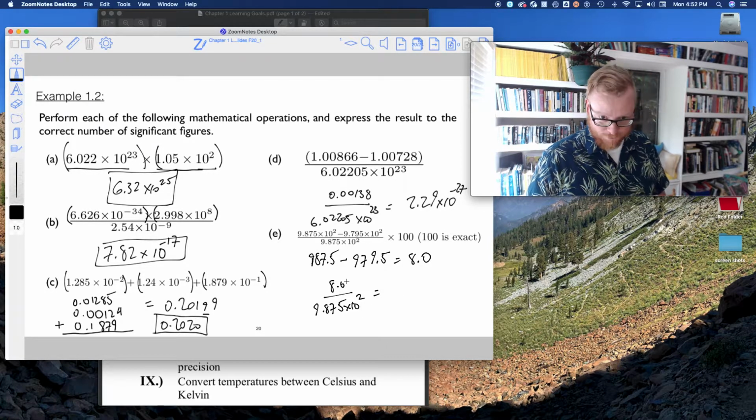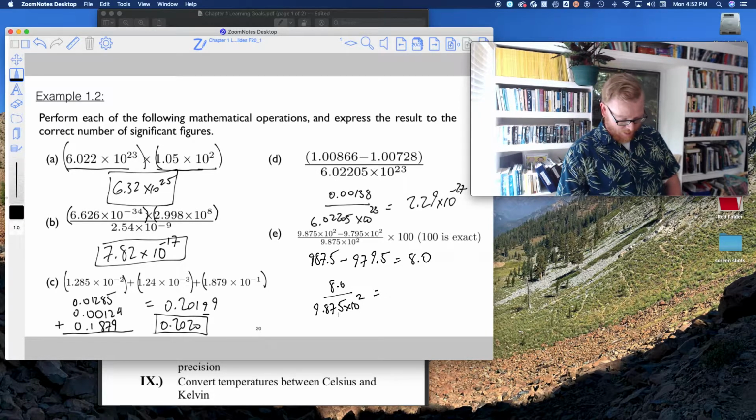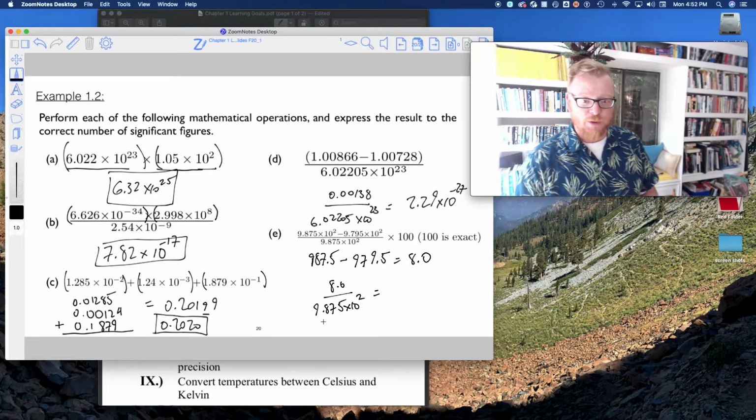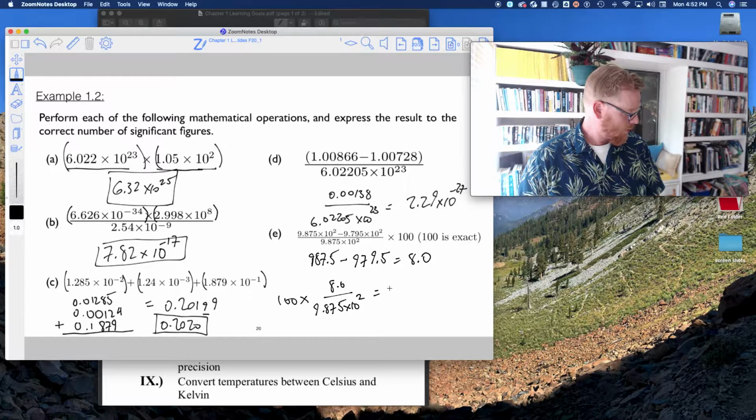And so now 2 sig figs compared to 4 sig figs, it's got to be 2 in the final answer. And of course, we know that this was times 100, but the 100 doesn't count. So I'm going to say 8.0 divided by 987.5, and then times 100, and I get 0.81.